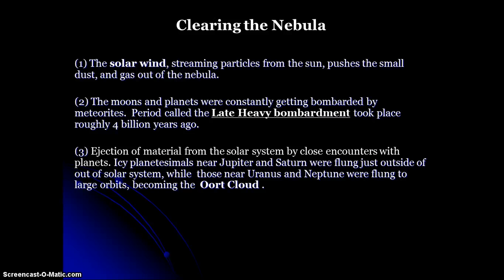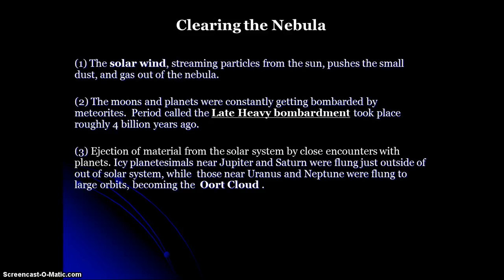A lot of the craters on the moon come from this period, and a lot of the last large planetesimals and large asteroids were being absorbed onto the planets that were forming. And so that helped clear out the nebula, clear out the regions between the planets.